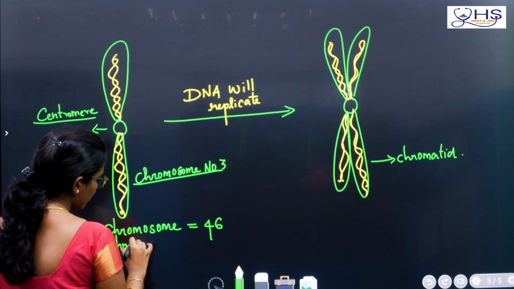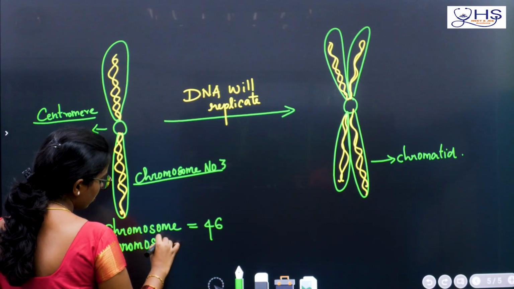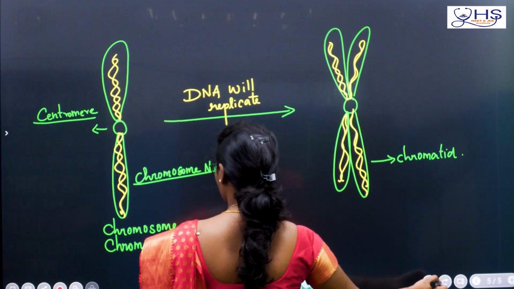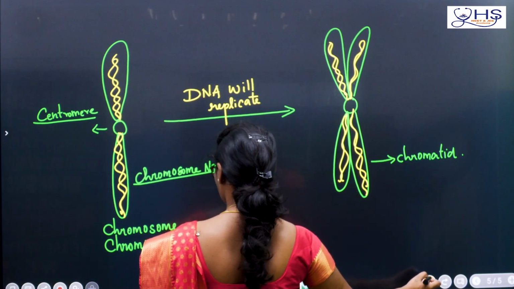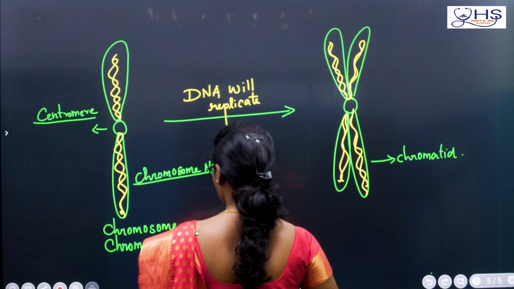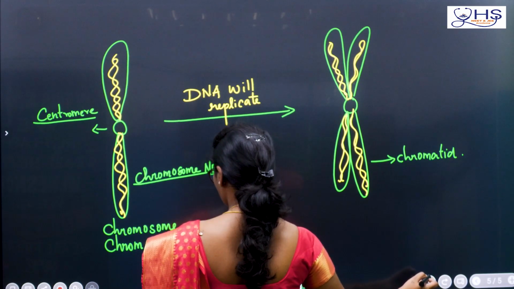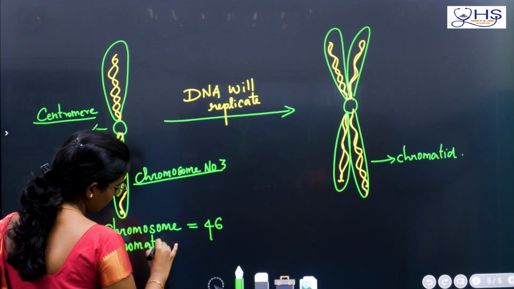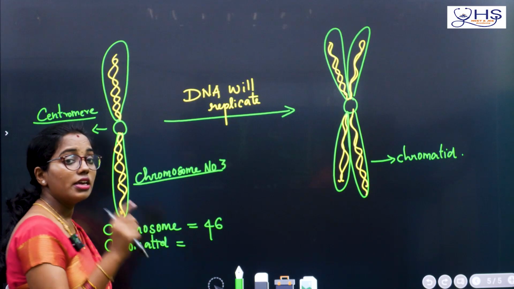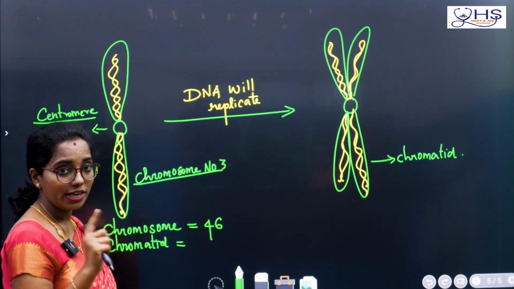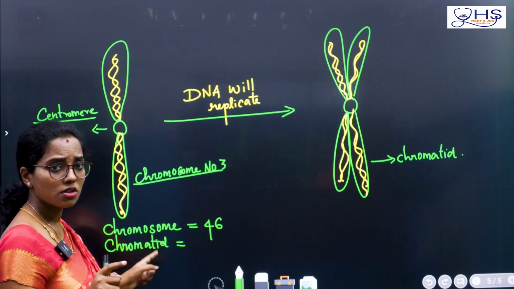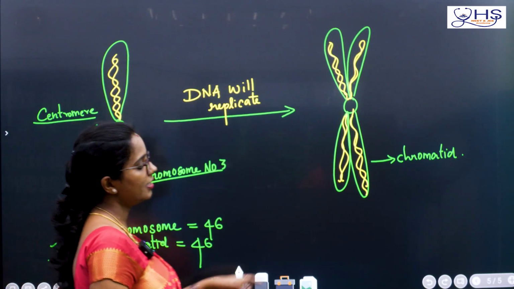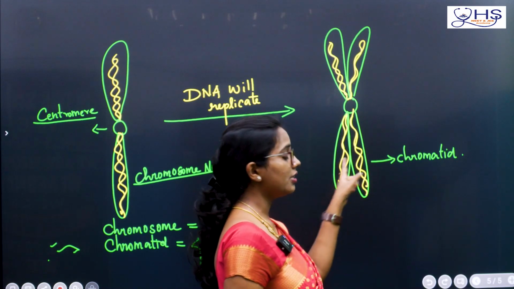Totally, how many chromatids do we have? Each chromosome, if possessing one chromatid each, then 46 chromosomes are going to have 46 chromatids. But here you can see the chromatids get doubled.